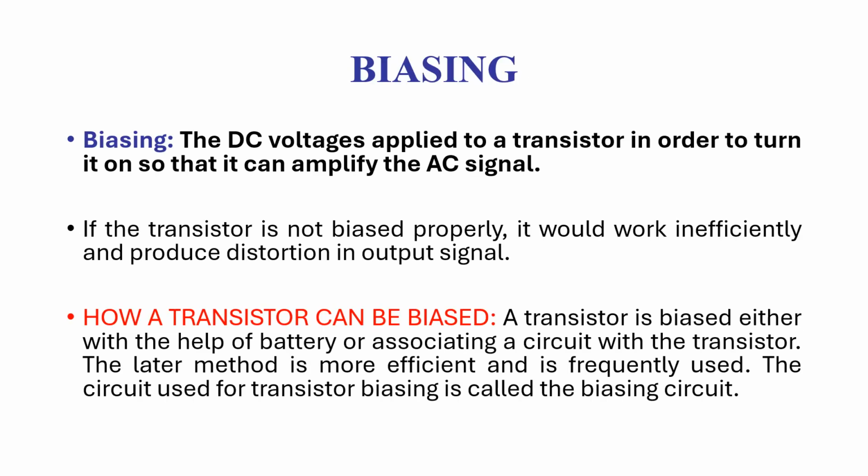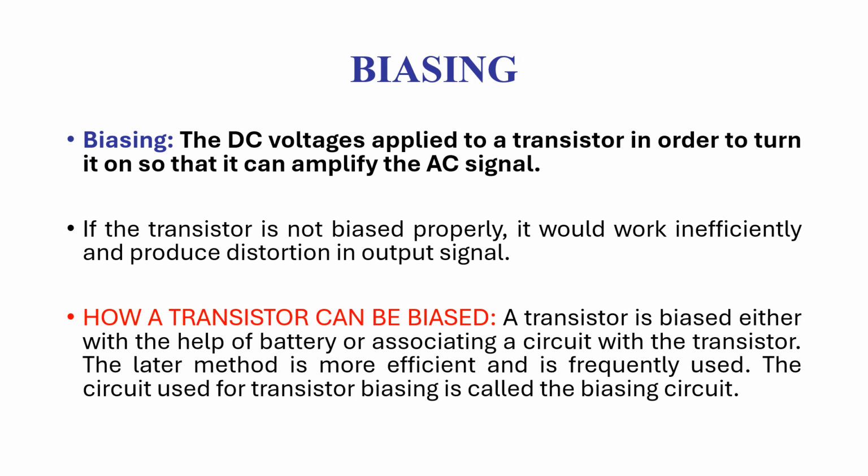What is biasing? The DC voltage is applied to a transistor in order to turn it on so that it can amplify the AC signal. So the main application of the transistor is to act as an amplifier. To act as an amplifier, the output signal should be the increased strength level of the input signal without distortion.